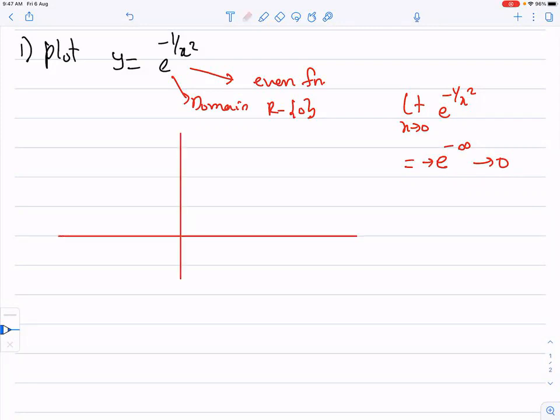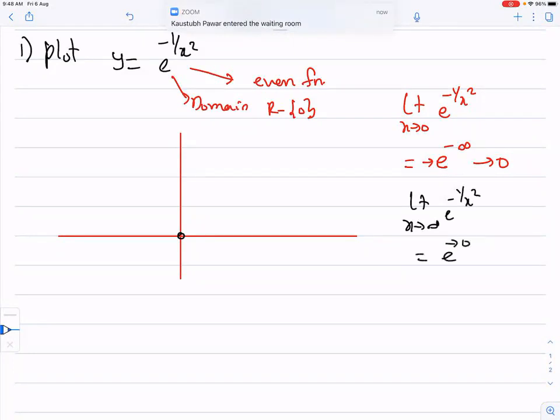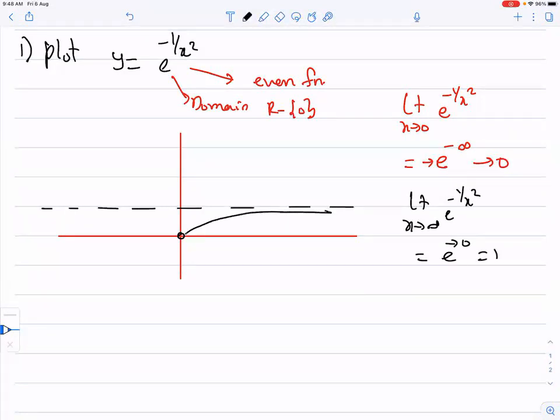When x tends to infinity, 1 by infinity tends to 0, so e raised to 0 is 1. So the graph is somewhat like this. Did you get the same, students? Yes, sir.